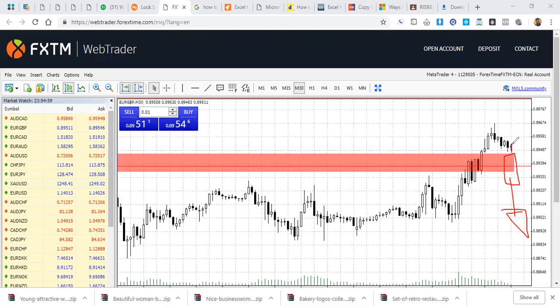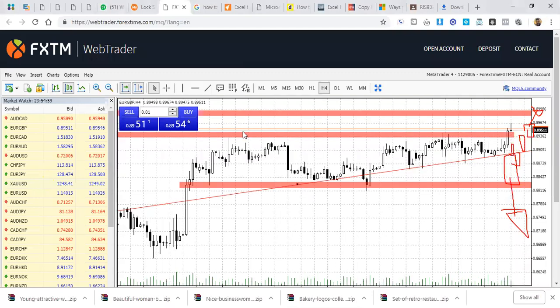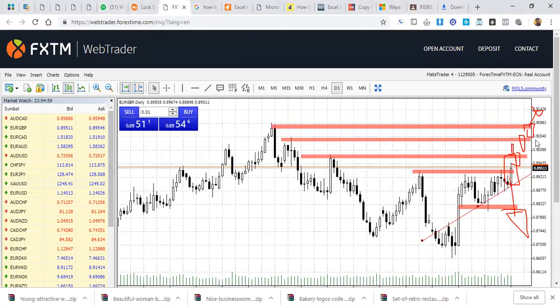What I'm expecting is that the market may go below here and then start pushing above. Why am I hoping for that? It's because we closed above this level. That's first. We closed bullish on the higher time frame. So I'm hoping for that.